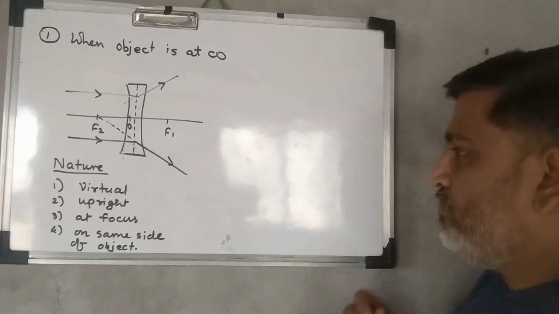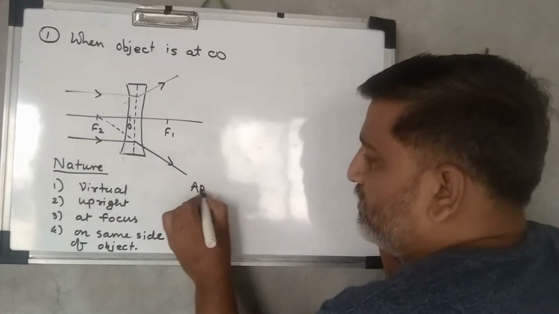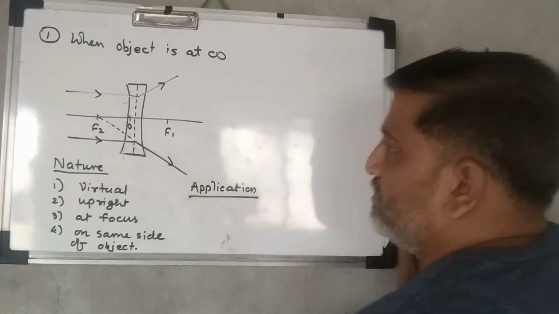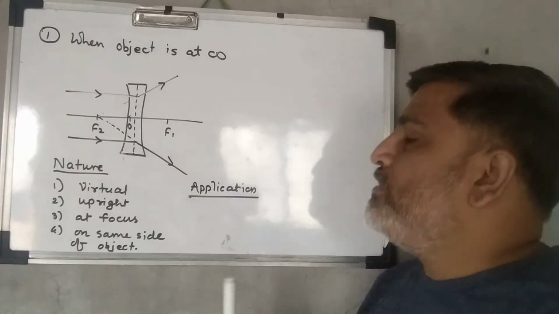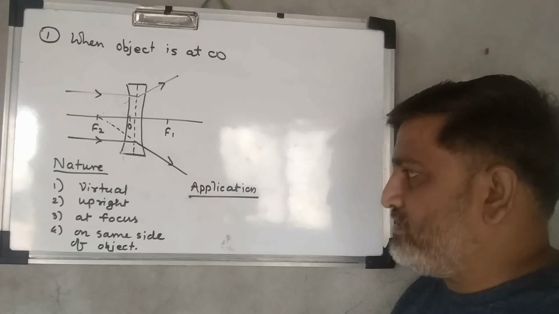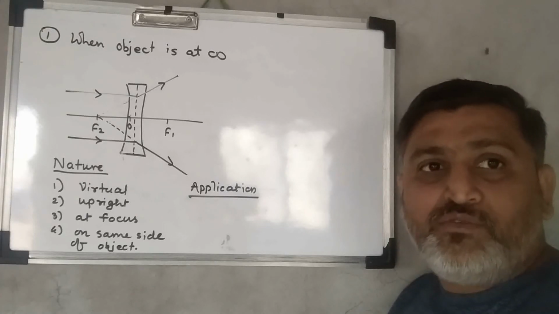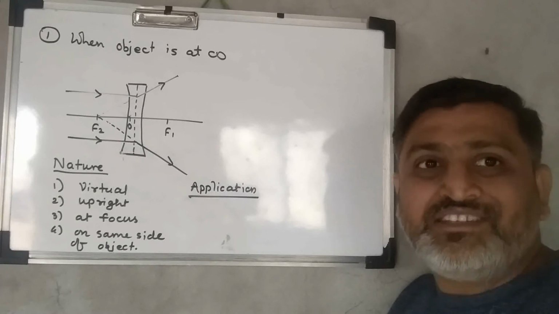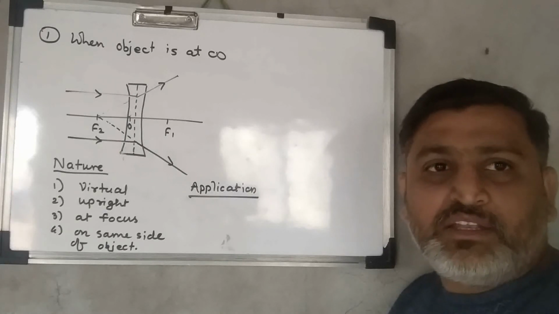Okay. Now, one more thing: what are the applications? The application of this type of arrangement of the lens, the concave lens, is that it is used to see far objects or distant objects by telescope, right?